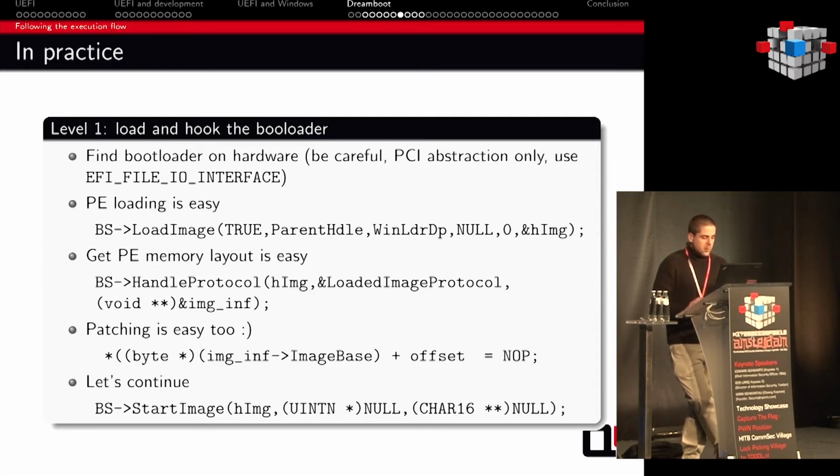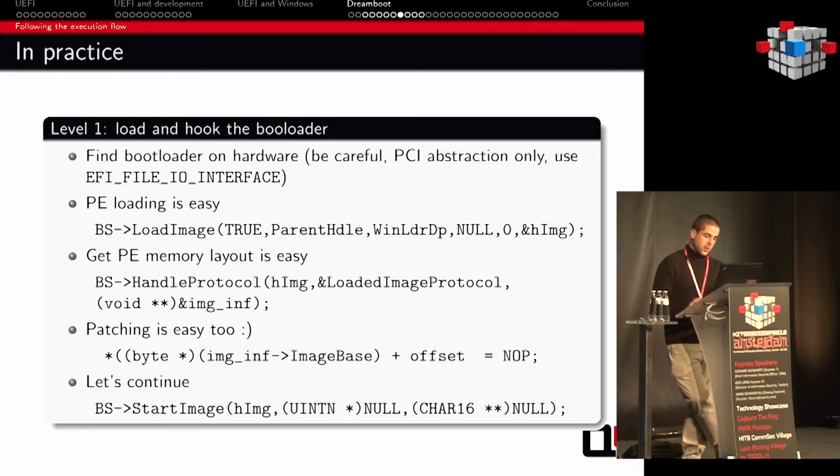But the image base is enough because we just want to put a hook on code. Next, we make a classical pattern search in memory, and we can put our hook on a specific function. Then we can transfer the execution flow to the Windows bootloader just by using the StartImage function. So that's very, very easy to make the first level.